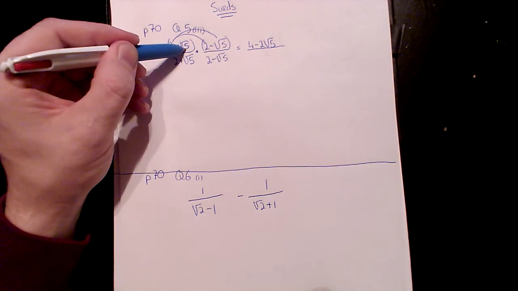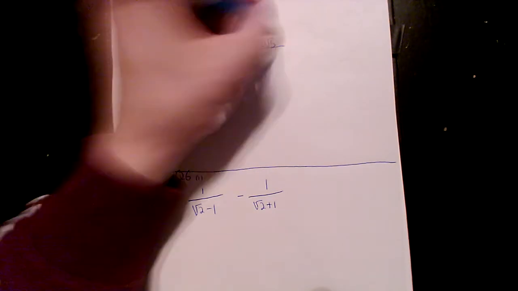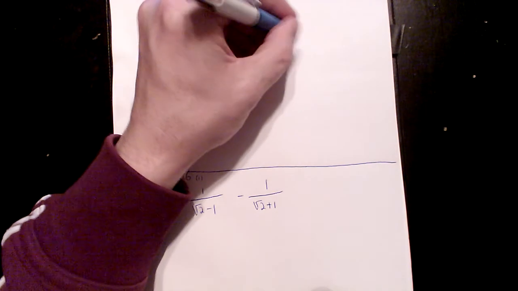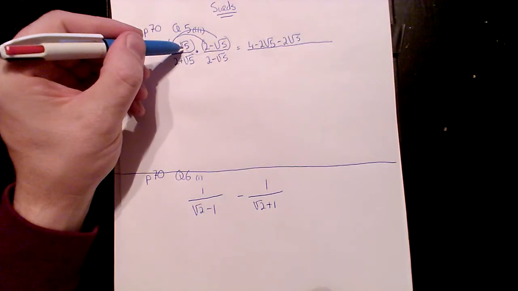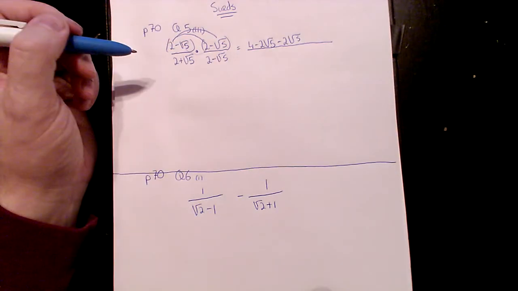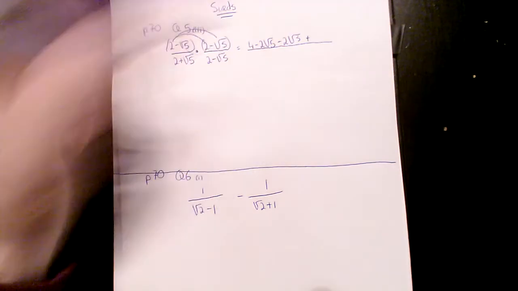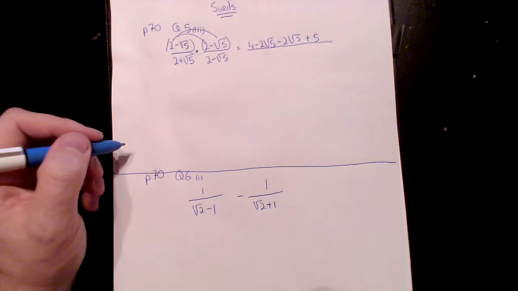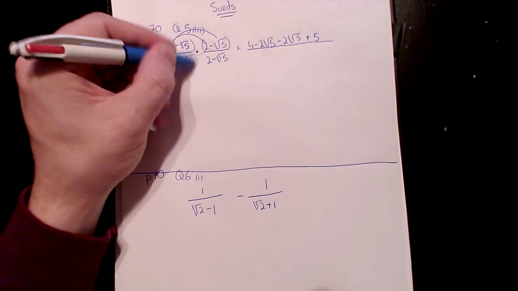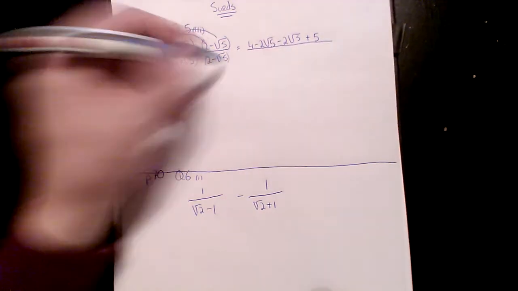And then we have the minus root 5 by the 2, which is again minus 2 root 5. And we have the minus root 5 by the minus root 5. Well, minus by minus is a plus. Root 5 by root 5 just gives us a 5. Okay? And now we're going to multiply these two.